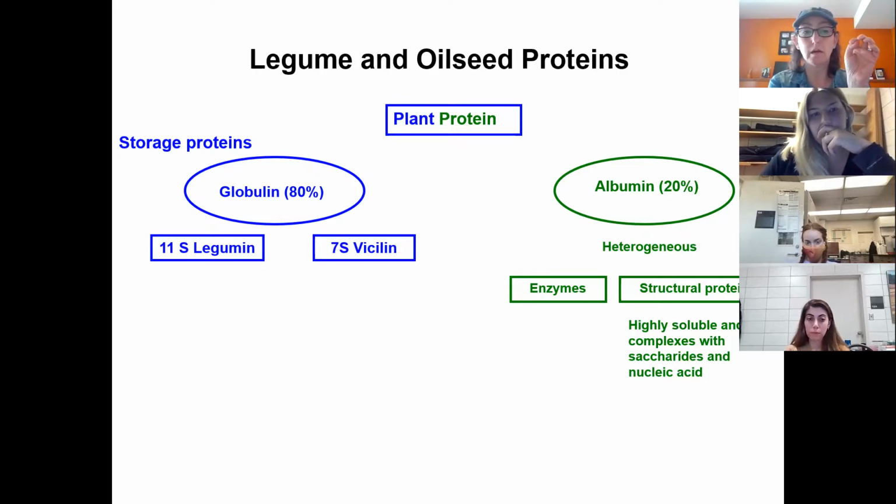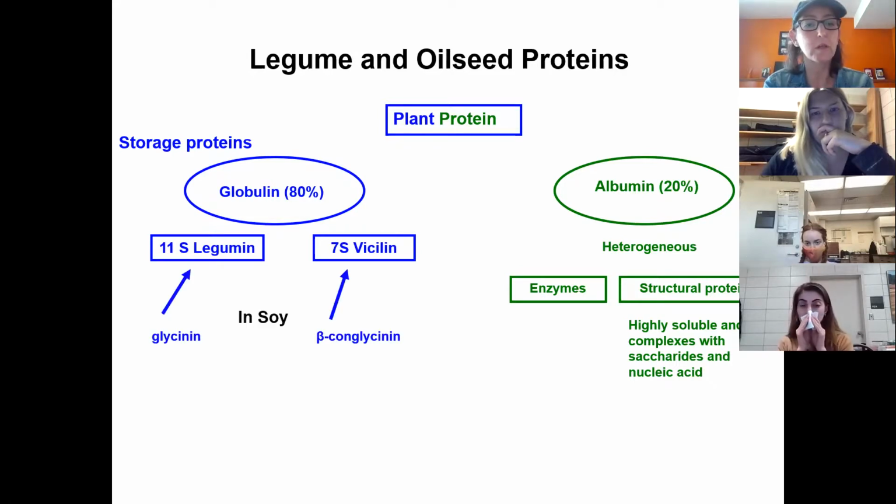They are referred to as legumin and vicilin fractions mostly. Within the legumin and vicilin fractions, there are multiple different types of these proteins. They are the 11S and 7S fractions because of their sedimentation coefficient, based on their molecular weight and size of that molecule or polymer.